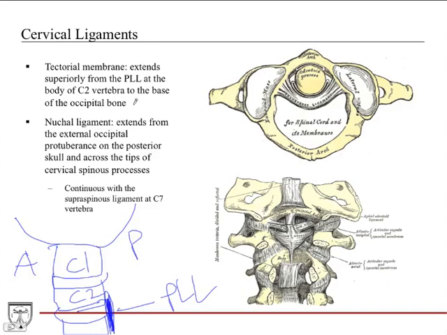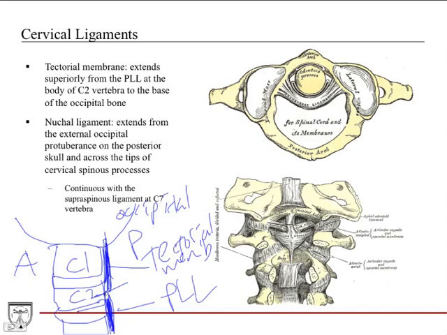What the tectorial membrane is going to do is extend from the body of C2 all the way up here to the base of the occipital bone. This region here will be the tectorial membrane. You could think of it as an extension of the PLL up here in the C1, C2 region that extends up through the foramen magnum, which is just the foramen in the bottom of the skull that allows the spinal cord to exit the skull.